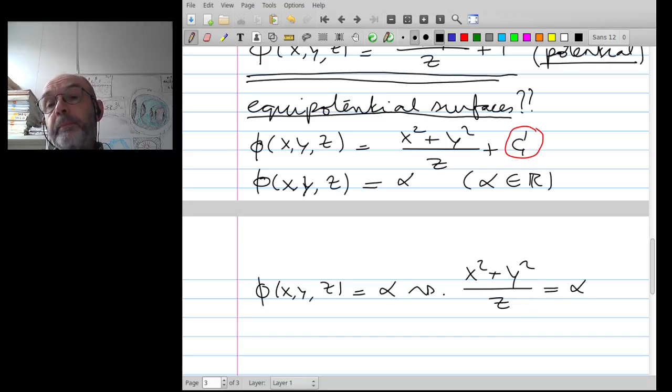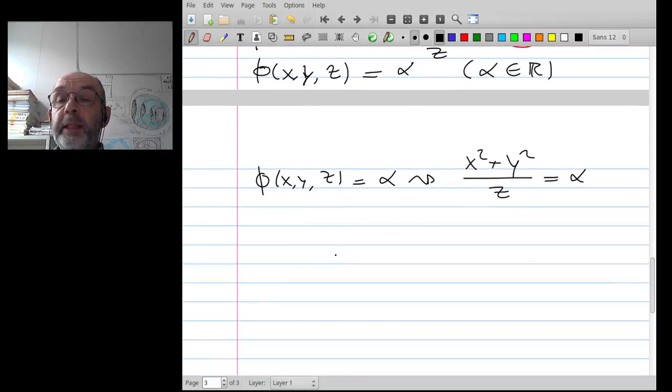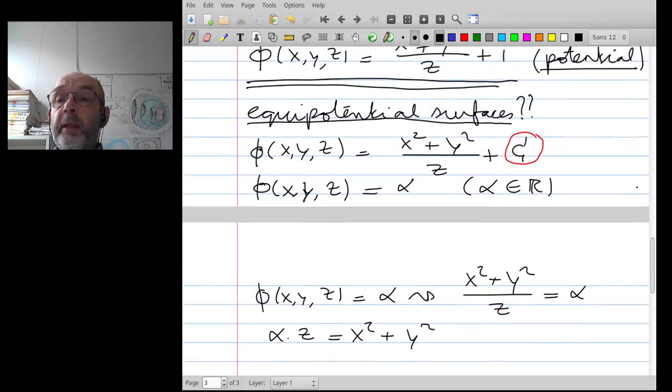So we have alpha times z is equal to x squared plus y squared, and that I have not written down here, but your z is still not equal to 0. We are working in R3 without the xy plane.